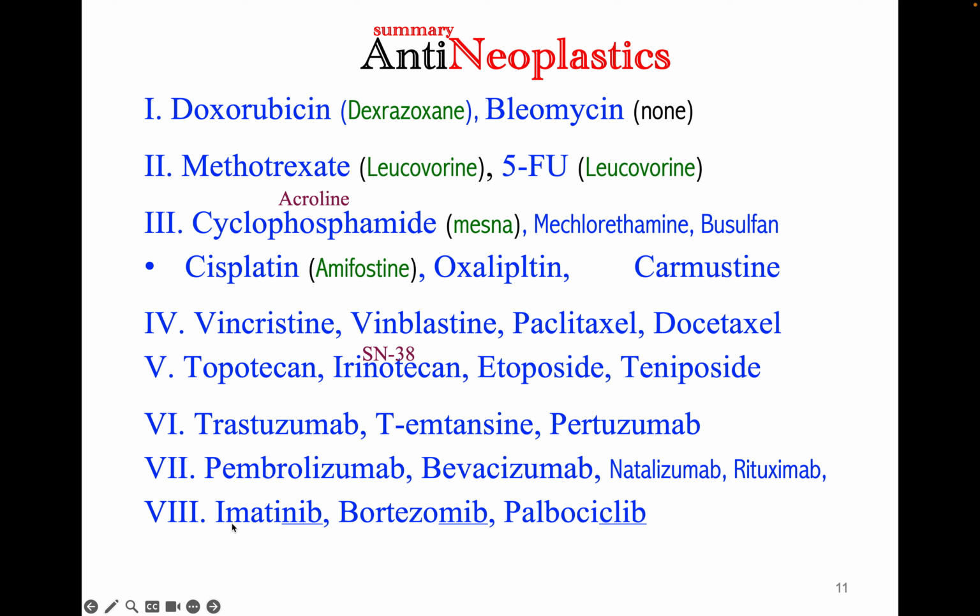Then the next mechanism of action is bortezomib. Bortezomib is a boron containing drug. This can be used for multiple myeloma also. This drug causes proteasome inhibition, right? It is going to bind the 26S proteasome and inhibit its activity.